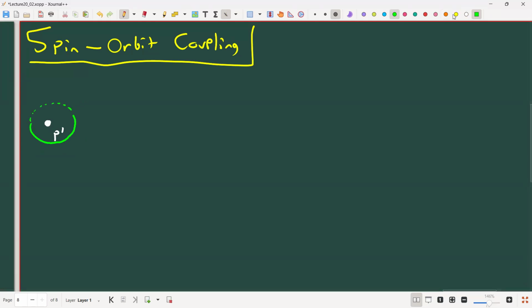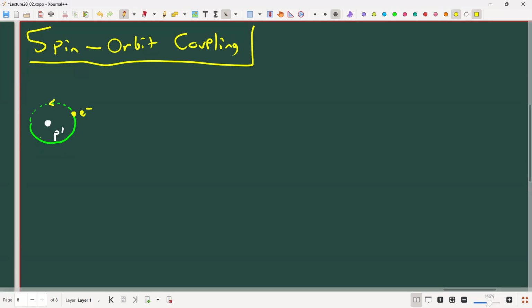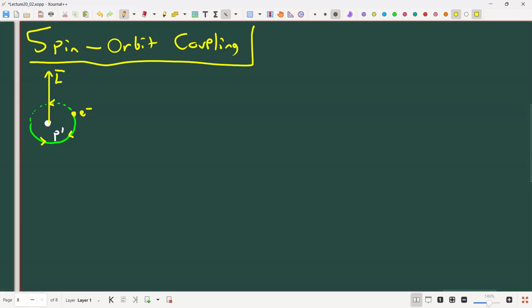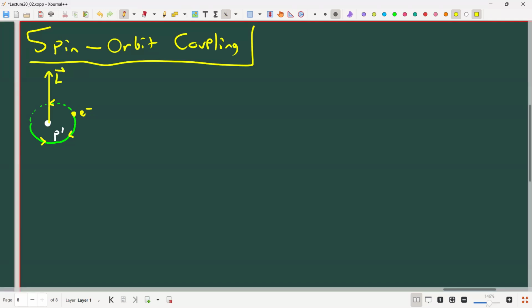So we have some orbit of an electron. I'll have the electron go counterclockwise, which imparts some sort of angular momentum. So there's a net orbital angular momentum in this direction. The electron is orbiting. It might have L equals 0, it might be L equals 1, L equals 2, whatever. Some amount of angular momentum.